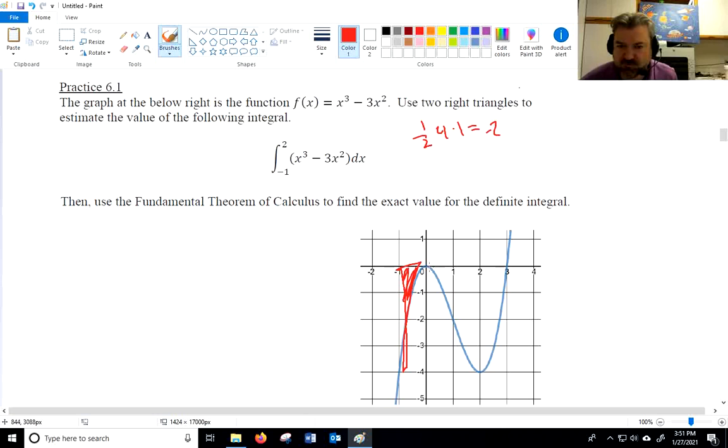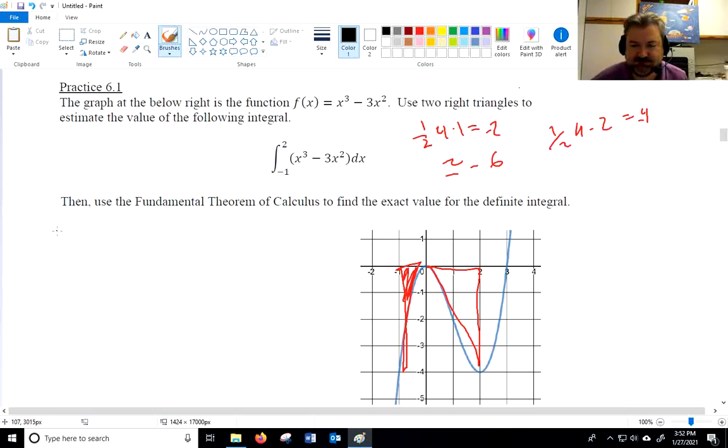And then from 0 to 2, I can do another right triangle, again with a negative area, this time being 1/2 times 4 times 2, which is 4. Again, we're going to make it negative. So we're thinking this is going to be somewhere around -6. I'm thinking it's going to be a pretty good estimate. I think this one overestimated, but I think this one probably underestimated a little bit. If I had to guess, I would say we're going to be a little over.